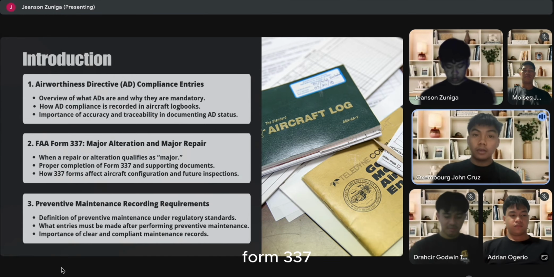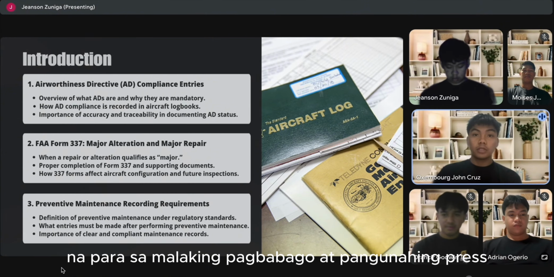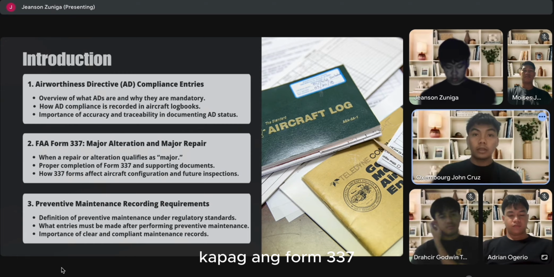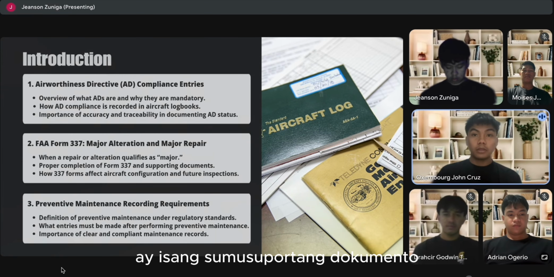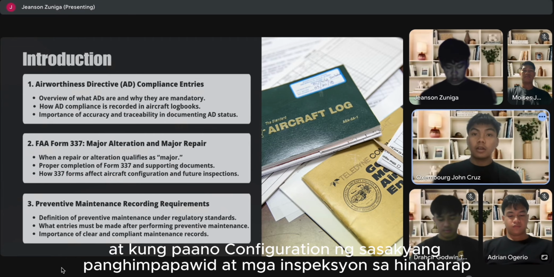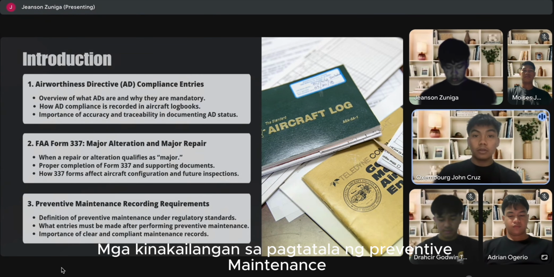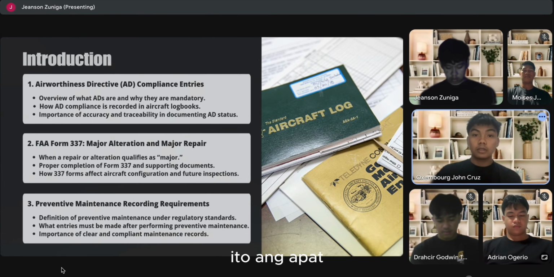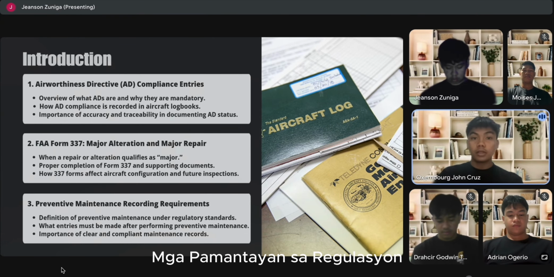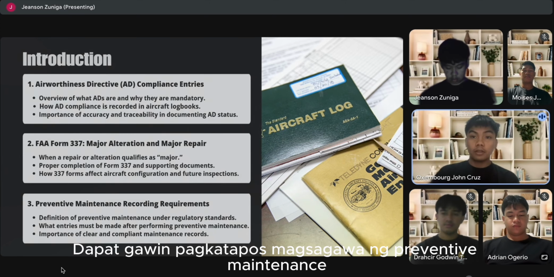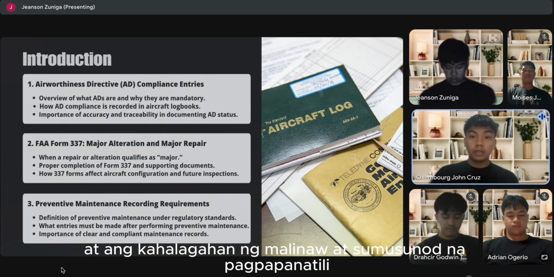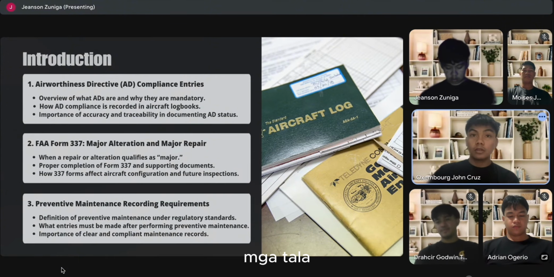FAA Form 337 is for major alterations and major repairs, when the Form 337 is a supporting document, and how it affects aircraft configuration and future inspections. Preventive maintenance recording requirements covers the regulations and standards for entries that must be made after performing preventive maintenance, and the importance of clear and compliant maintenance records.